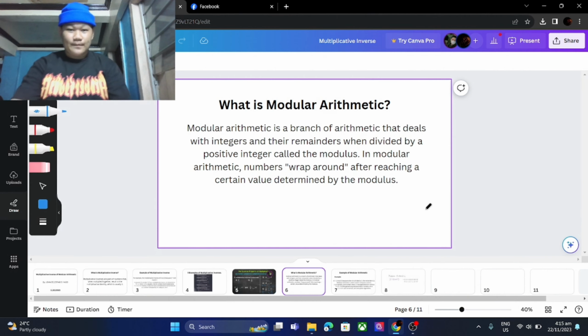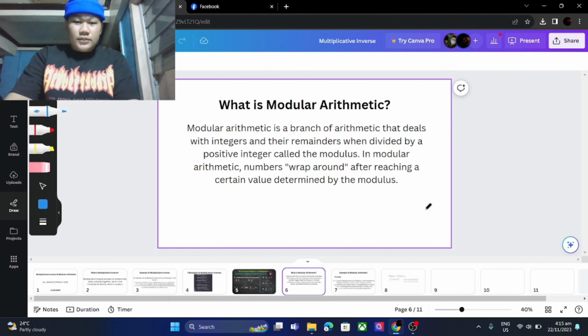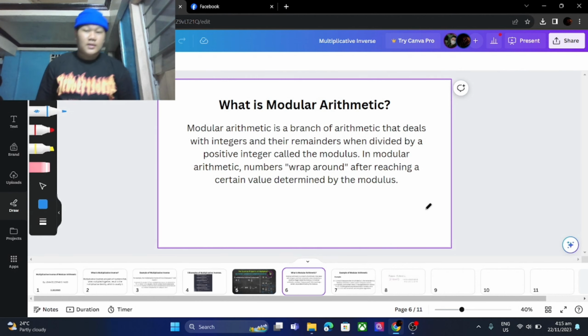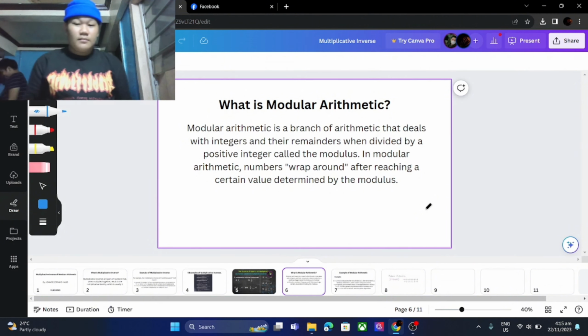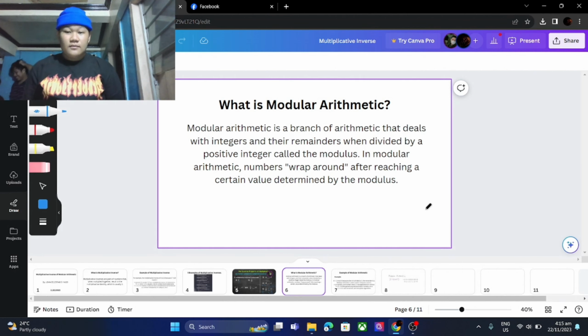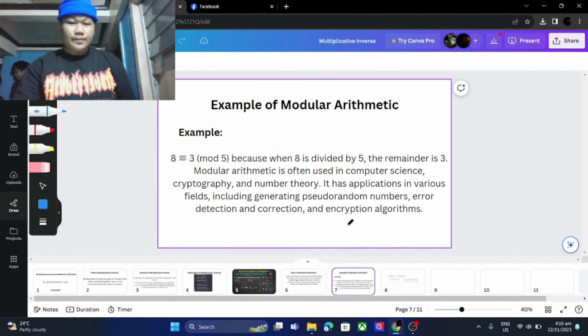I-discuss po ma'am. What is modular arithmetic? Modular arithmetic is a branch of arithmetic that deals with integers and their remainders when divided by a positive integer called the modulus. In modular arithmetic, numbers wrap around after reaching a certain value determined by the modulus.